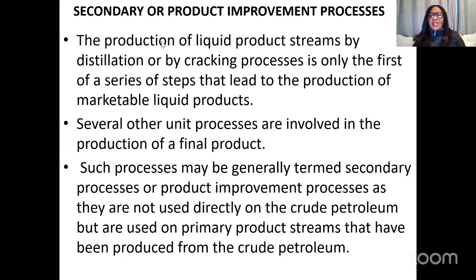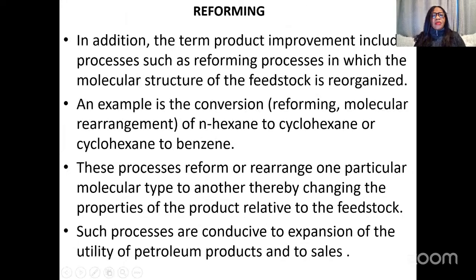These secondary processes are not carried out directly on the crude oil. It's the products or the fractions of the primary crude oil distillation that are used for secondary processes for the improvement of the product.